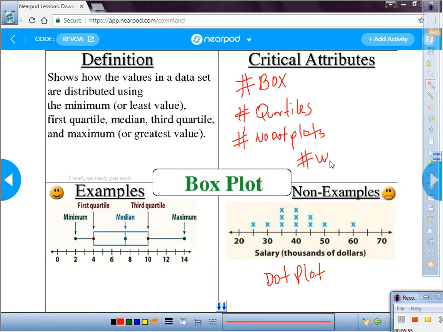Hashtag whiskers. Yeah, we have a box, and then a minimum connected to the first quartile and the maximum connected to the third quartile to make two whiskers. So we got that? Yes, Mr. Q.